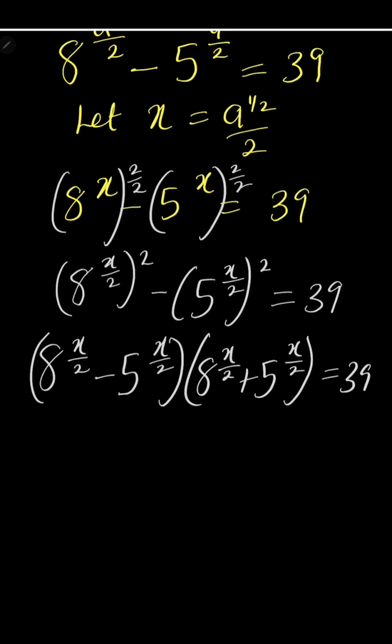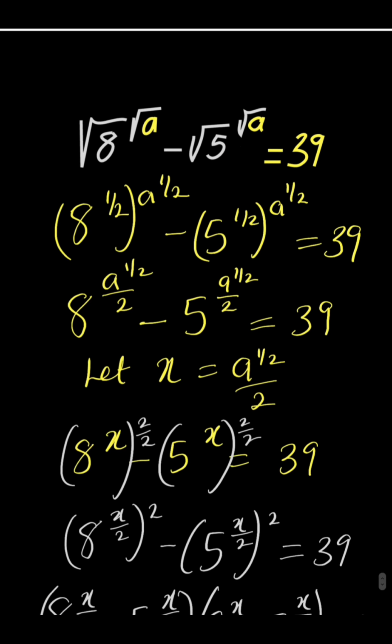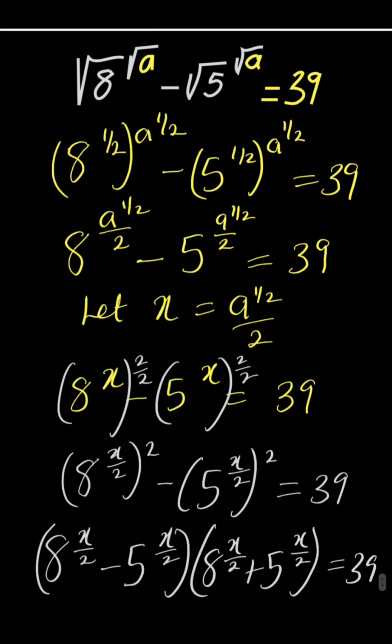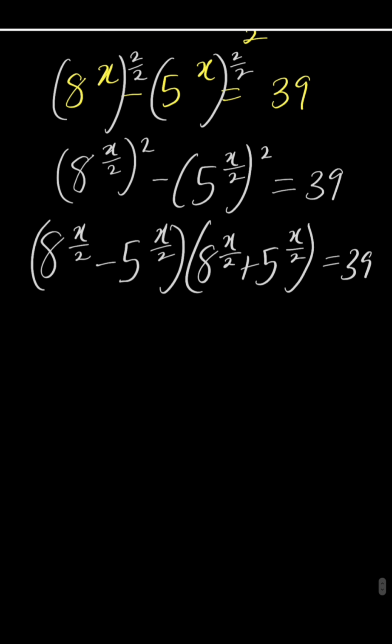Remember, our target is to find the integer solutions. We need to find the integer solutions. That is what we need, not the other possible values of a that can be in decimal or fraction. So since the product of this and this gave us 39, let us think of the possible numbers that will multiply to give 39.